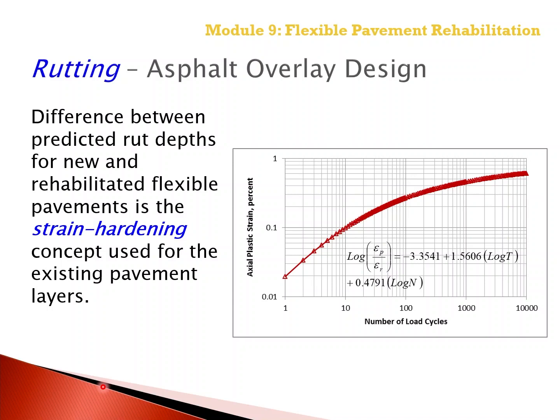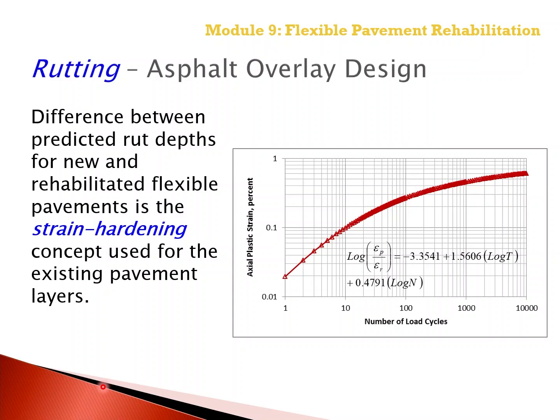In actuality, the strain hardening concept is also applied to any new asphalt layer and unbound layer for the different rut depth increments for different load levels or truck types, truck loads or axle loads, as well as for the different seasons.